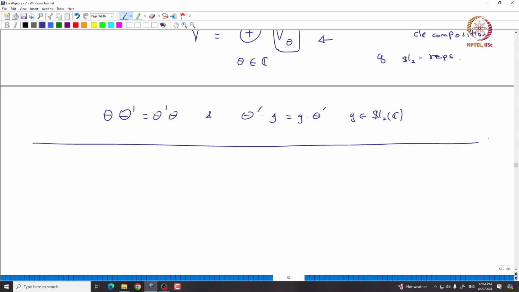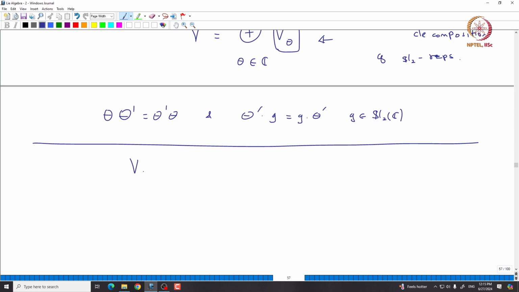Since I have not defined what the universal enveloping algebra is, we will just define it in the endomorphism of V itself. So, it now looks like it depends upon the representation that you choose, but one can make sense of some universal element that comes from the universal enveloping algebra.